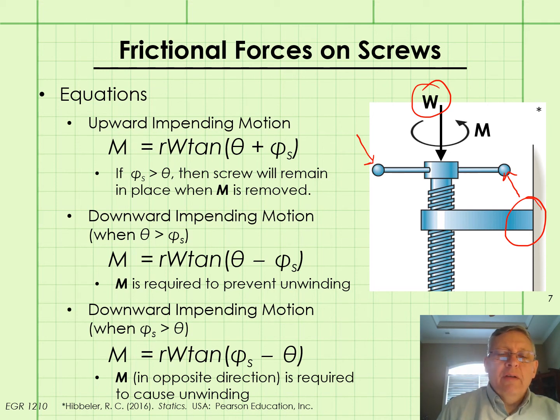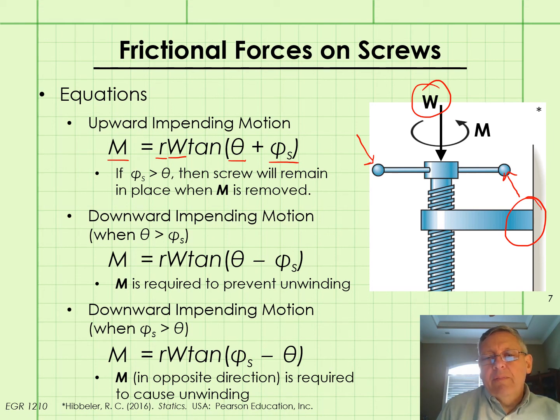And we can calculate that moment with this equation, where the moment is equal to the mean radius of the screw times the weight that is acting on the top of the screw, times the tangent of the sum of the lead angle of the screw plus the angle of static friction of the screw.